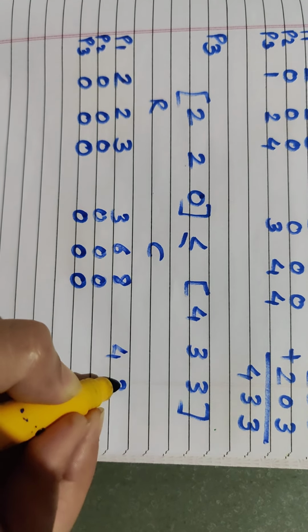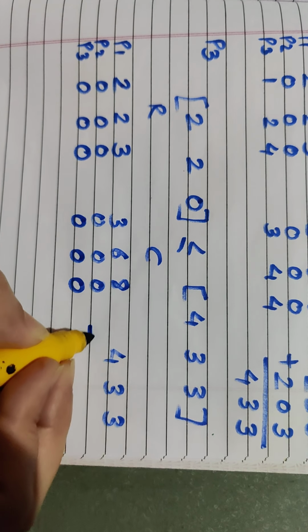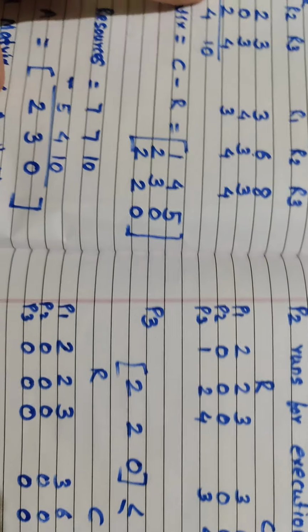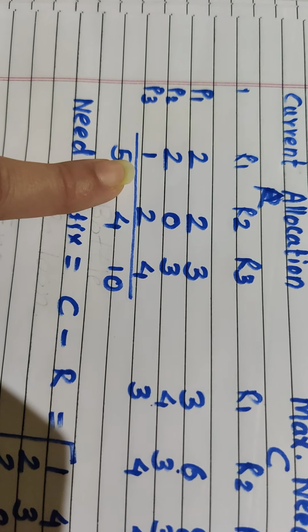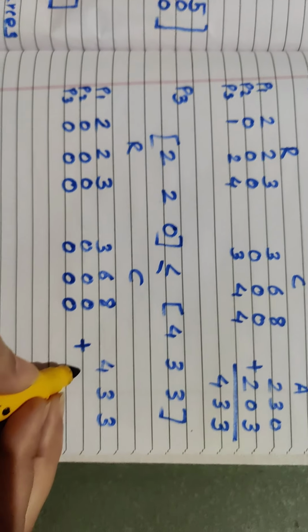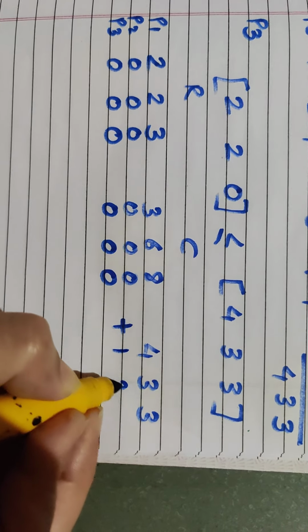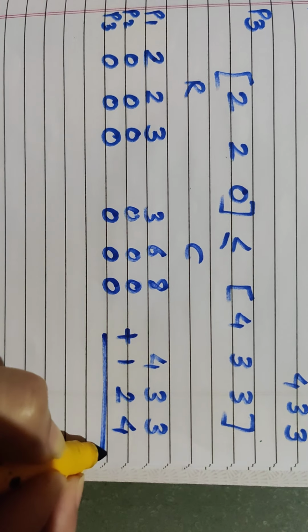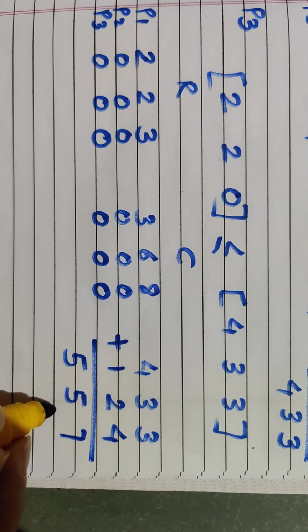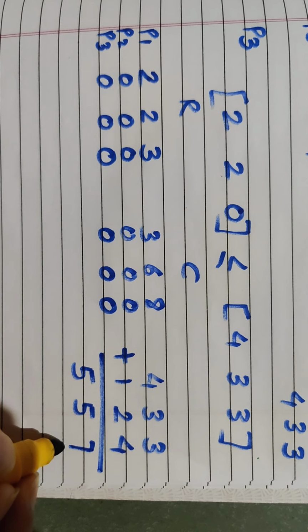And the available matrix was 4, 3, 3. Now it will get changed. How many were allocated to P3? 1, 2, 4 were allocated. So it will be added here, and now it will become 5, 5, 7. So now the available matrix is 5, 5, 7.